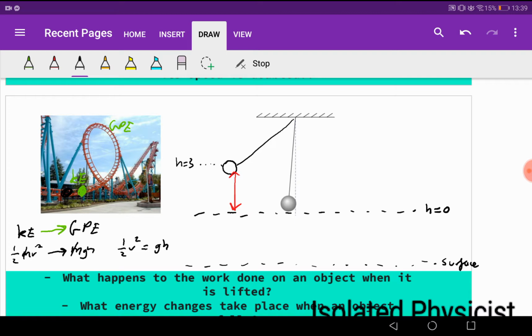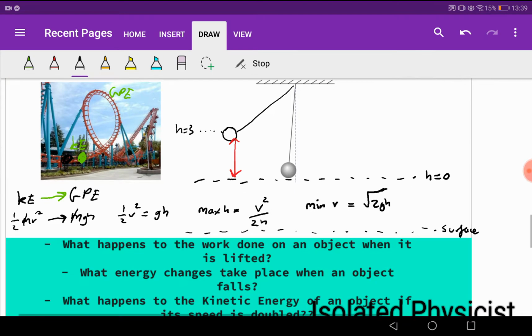So then the maximum height that roller coaster could be, which is the maximum as in if there was no friction, but there is in real life, would be equal to v squared over 2g, or another way of looking at it, the minimum speed to get over that would have to be equal to root 2gh.